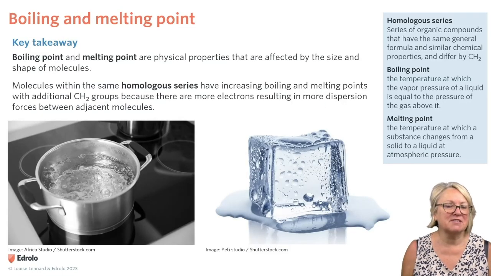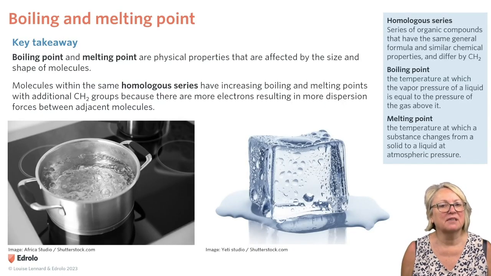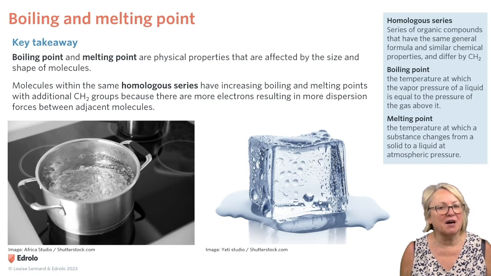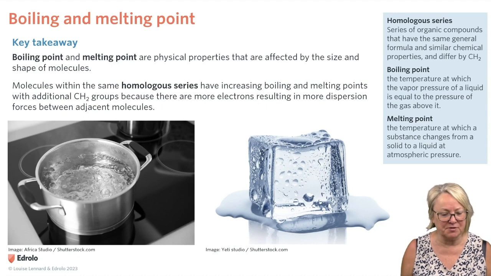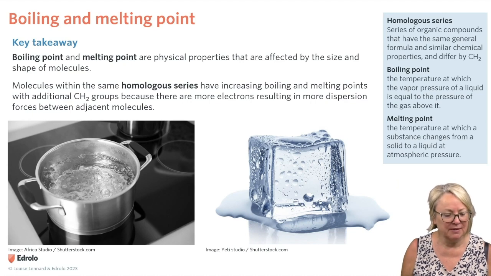Now we're going to look at some of the physical properties that are influenced by the type of intermolecular forces between adjacent molecules. The first two physical properties we're going to look at are boiling and melting point. So these are physical properties that are affected by the size and the shape of molecules.